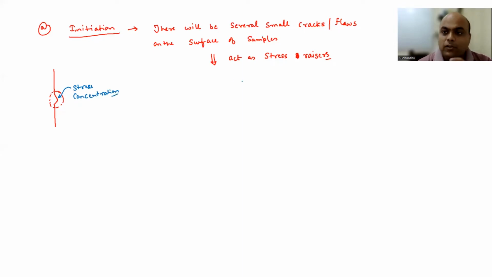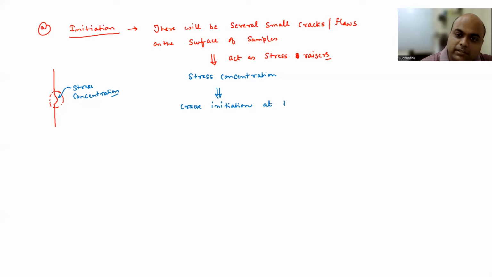And because of the stress concentration, you can nucleate a fatigue crack. Okay. So because of the stress raisers, you are going to generate stress concentration, and this can lead to crack initiation at these locations. These locations mean at the surface flaws, which are acting as stress raisers.